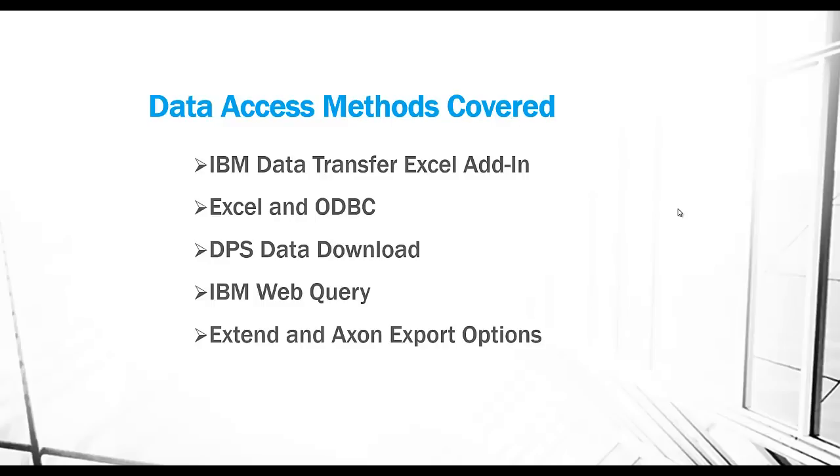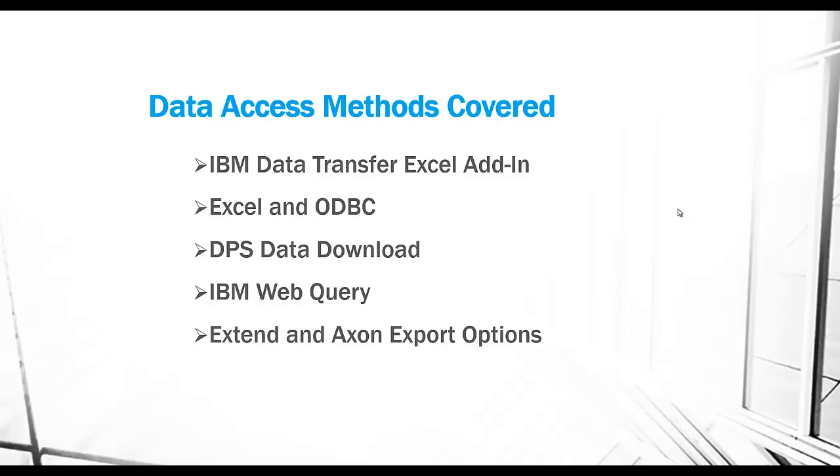The first tool I'm going to talk about is an IBM data transfer tool. It's an older tool, but it is probably the most well-known way for an end user to get access to data and bring it out of the server and onto a PC or a Mac. Then I'm going to talk about a more elegant method using Excel and ODBC.